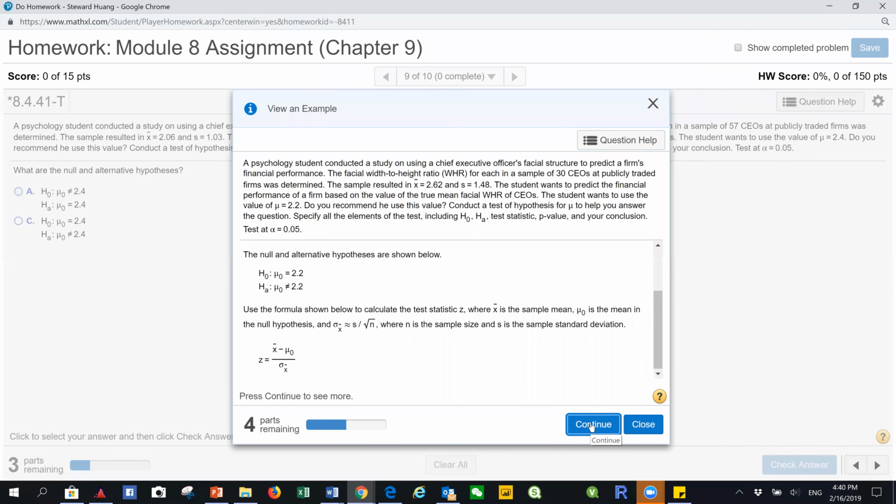Here, n is the sample size and s is the sample standard deviation. Because the population follows a normal distribution, we can approximate it by z.